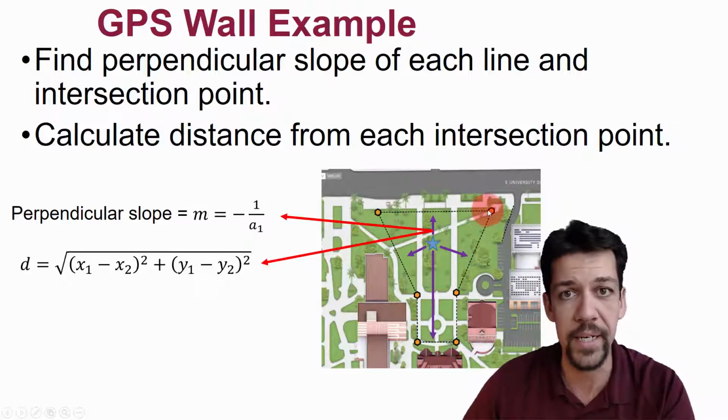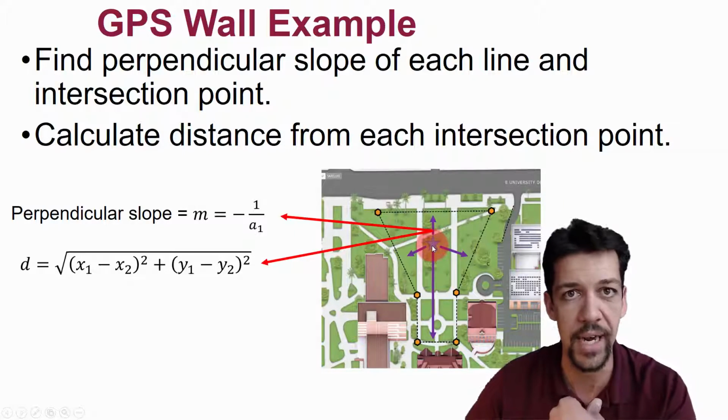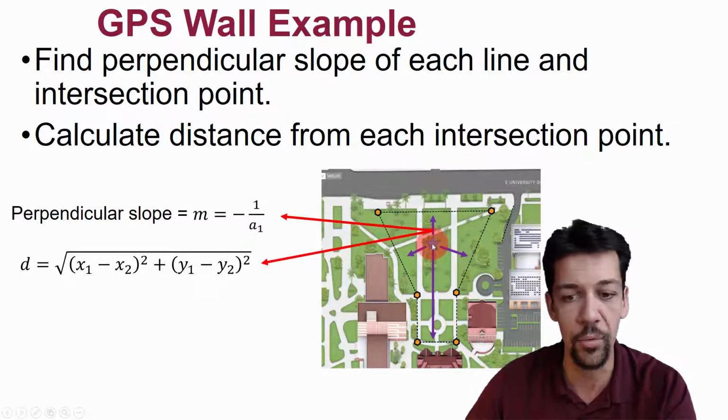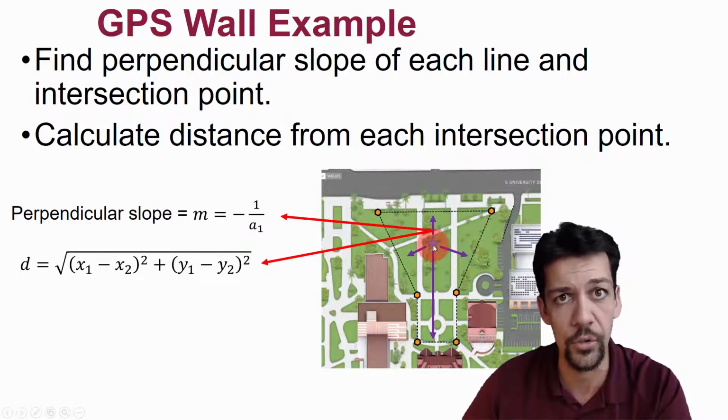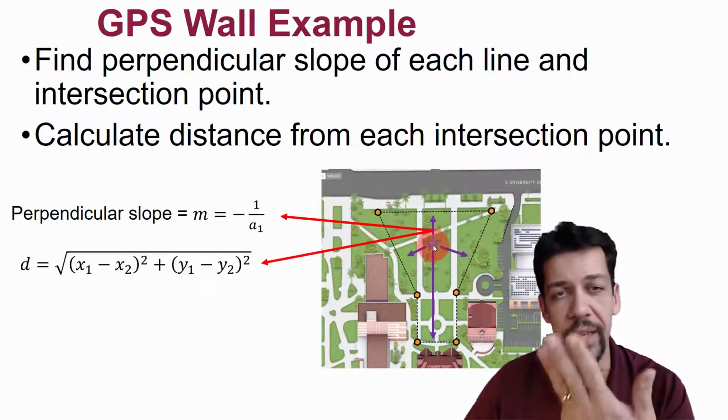Now, that perpendicular line can be anywhere along here until we define the intercept. So to solve for the intercept, we take the point that is our location. I want to find the line that passes through this particular location, which is our location on the robot. So the robot itself is one of the points. So we've got X and Y from the robot location. We've got the slope. We can solve for the intercept.